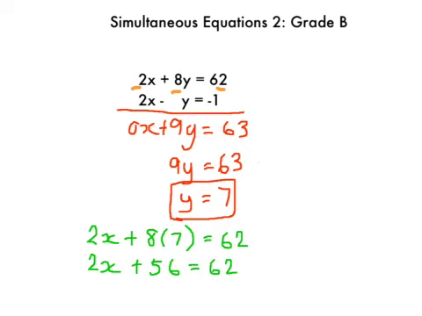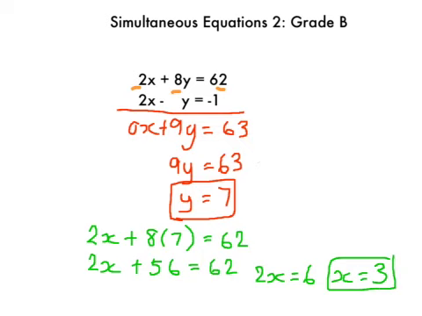Now at this stage you can use the flowchart to solve your equation. So you can take 56 away, which leaves you with 6. So you've got 2x is equal to 6, and therefore x is going to equal 3.